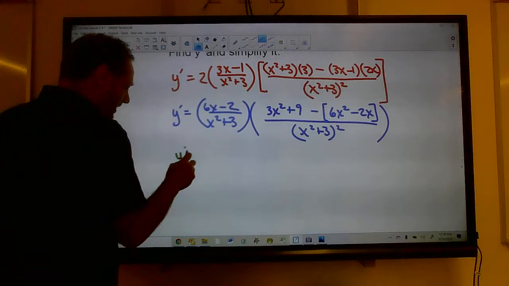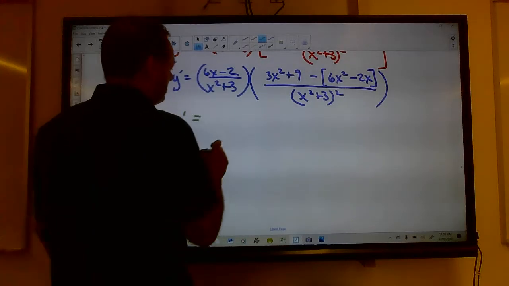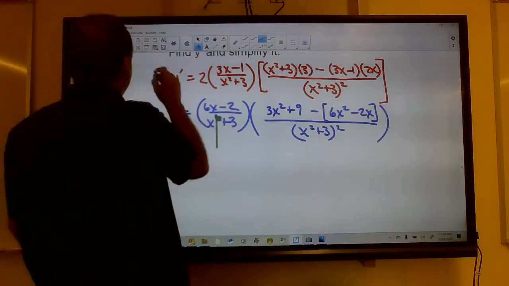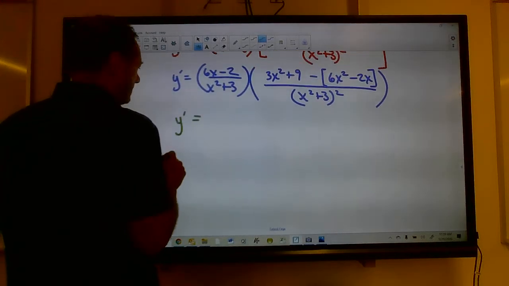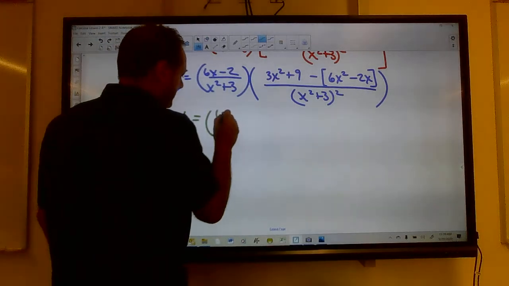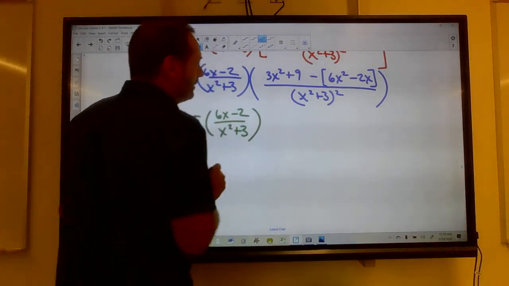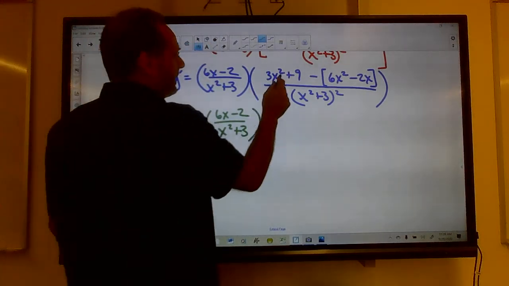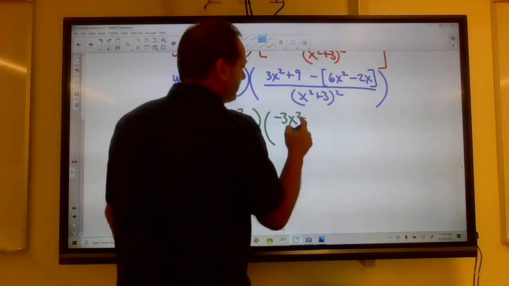Okay, now I can combine my like terms. Looks like at least the algebra is a little bit easier on this one. Although apparently the writing isn't. So this is going to be 6x minus 2 over x squared plus 3. 3x squared minus 6x squared is going to be negative 3x squared.